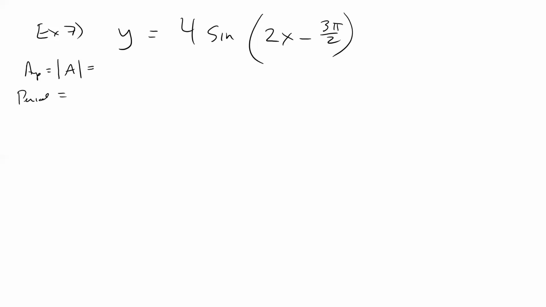We just want to know how high it's going to go, how low it goes from the middle. So in this case, it's 4. We handle the reflection a little bit later on. Period is 2 pi divided by B. We're good. In this case, it is 2 pi divided by 2. Are we good there? And voila, I get a period of pi. Next is reflection. Reflection is a no, correct? Are we good there? Okay, so that's what we're going to graph first, but let's get to phase shift, PS.